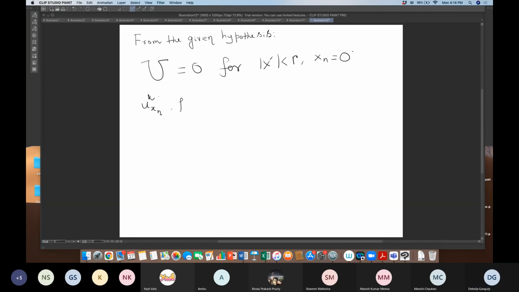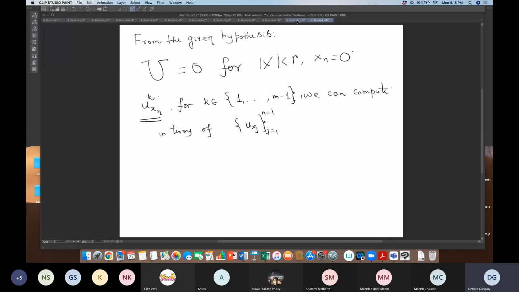For k equal to 1 up to m minus 1, we can compute del u k by del xn. We can compute this quantity in terms of u xj, for j equal to 1 to n minus 1. Is that clear? How can we do this?